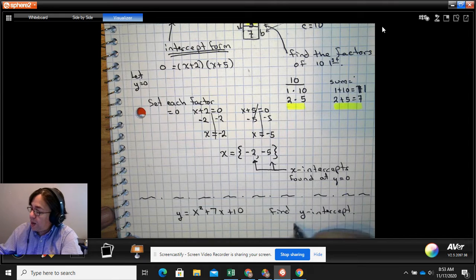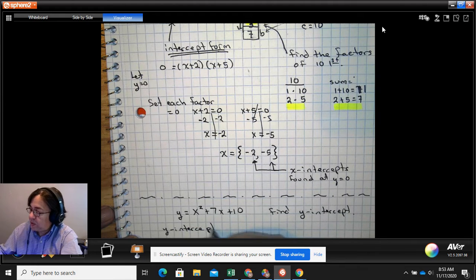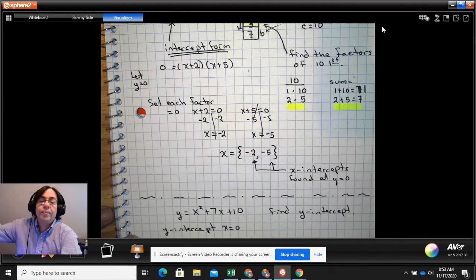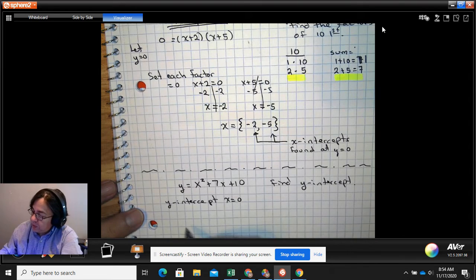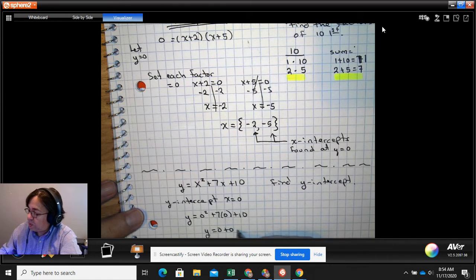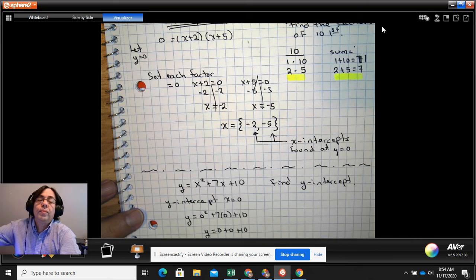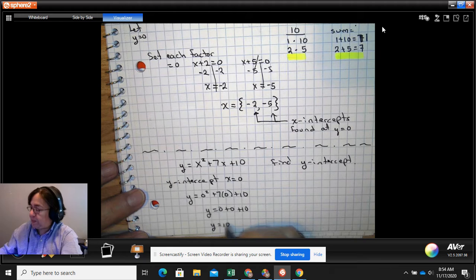Well, the y-intercept is found at x equal to 0. So I'm going to say y equals 0 squared plus 7 times 0 plus 10. In other words, y equals 0 plus 0 plus 10. Or y equals 10.